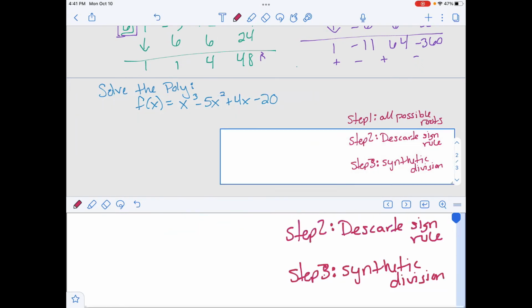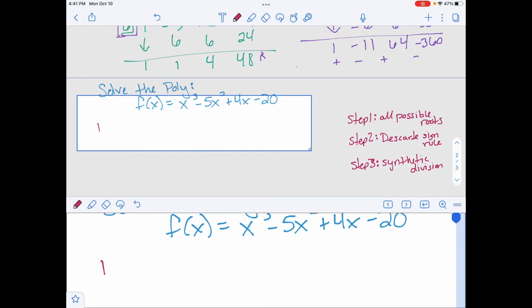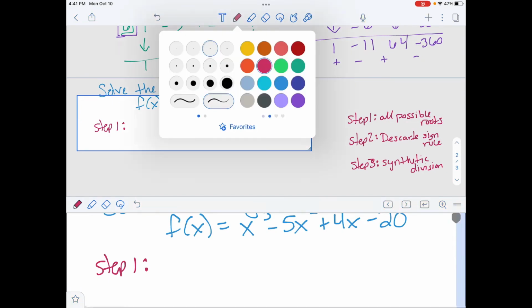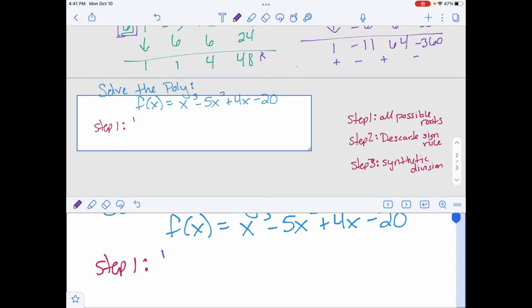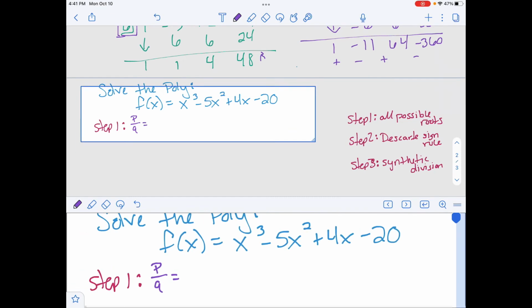All right, so here we go. First step. We have P over Q's. So factors of 20 and factors of 1, because that's what would be in front of the x to the third. So factors of 20, let's see.